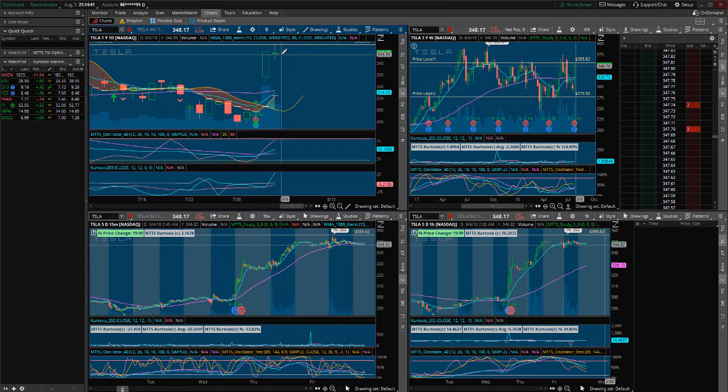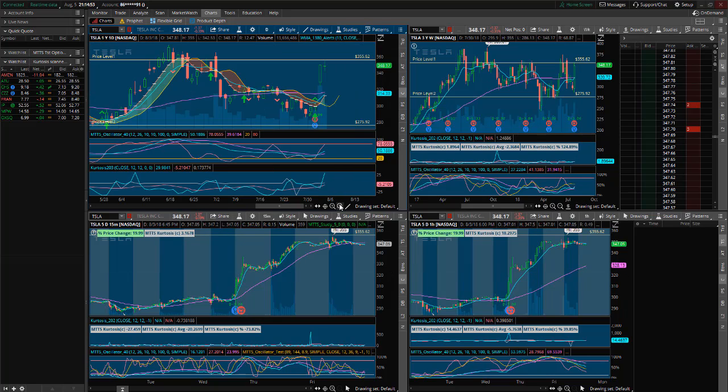We may just open around this area, 349, do a pullback into 348, and then shoot back up and cross that resistance. Only because people love to short this stock, and there's a call behind it, and I don't think the call's ready to let it go. So, tradable stock, get some options if you want.